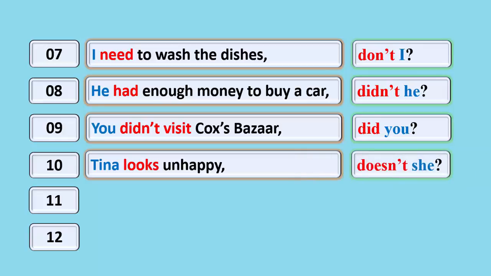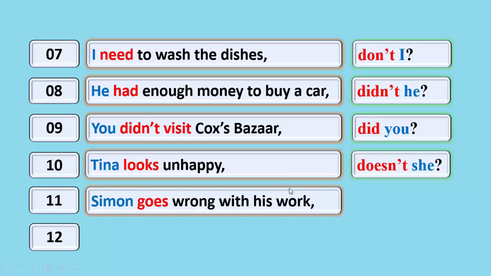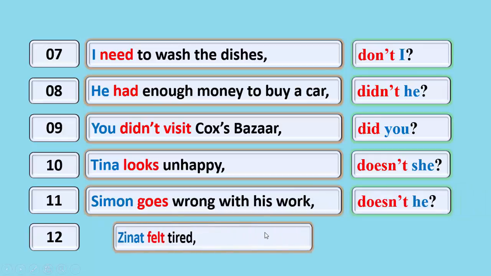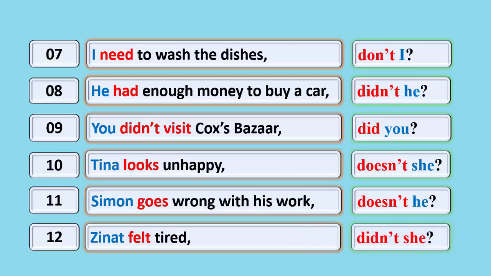Doesn't she? Shimon goes wrong with his work. Doesn't he? And Gina felt tired. Didn't she?